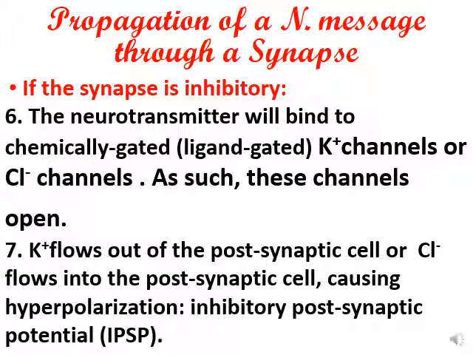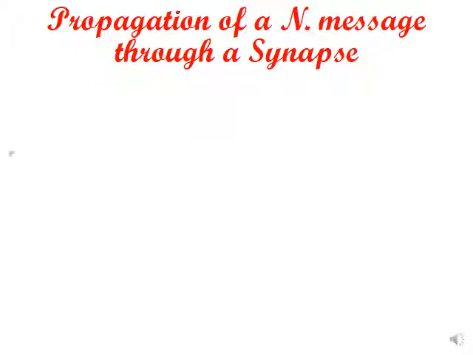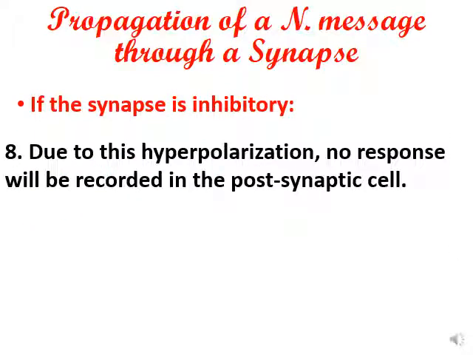So the K+ will flow out of the postsynaptic cell, or Cl- will flow into the postsynaptic cell, causing hyperpolarization, which is known as IPSP, inhibitory postsynaptic potential, IPSP. So just due to this hyperpolarization, no response will be recorded in the postsynaptic cell.